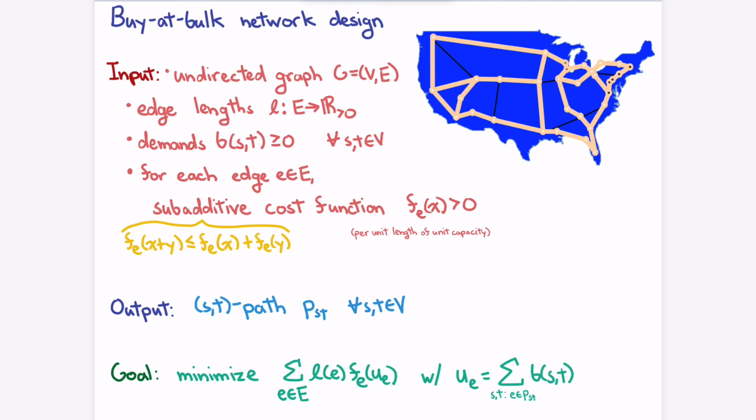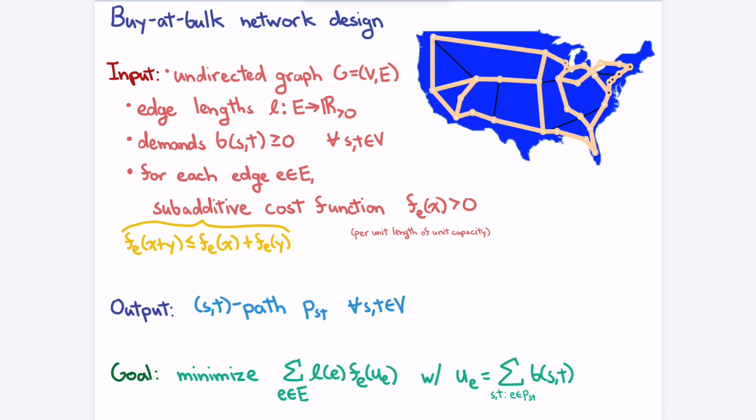Okay. And so at a high level, you want to buy cable and connect people over the network. So at some level, you want to choose for every pair S and T a path between S and T in this graph. But what's your objective?